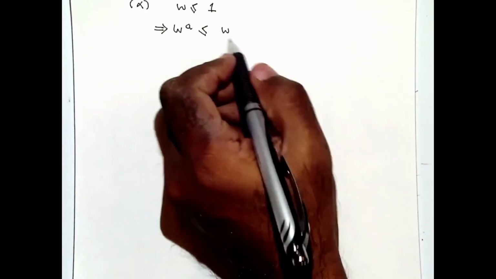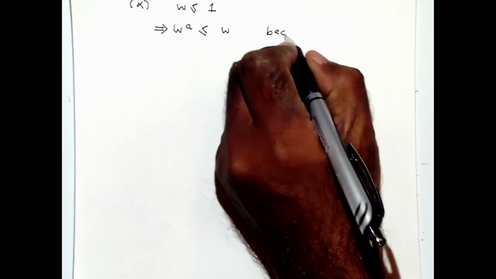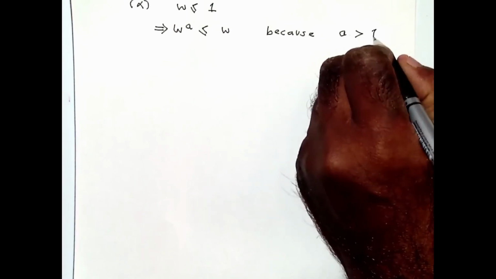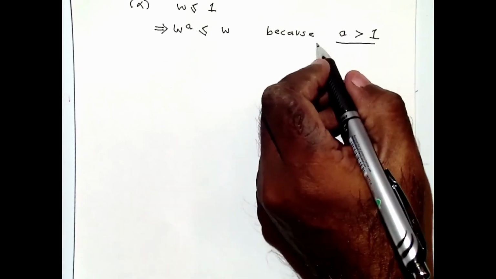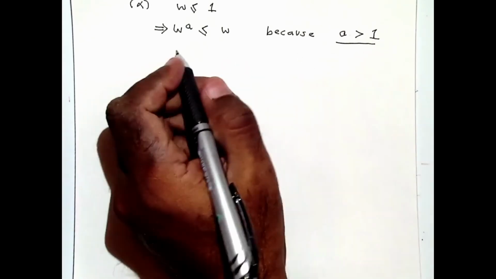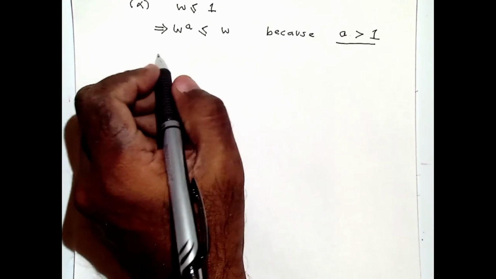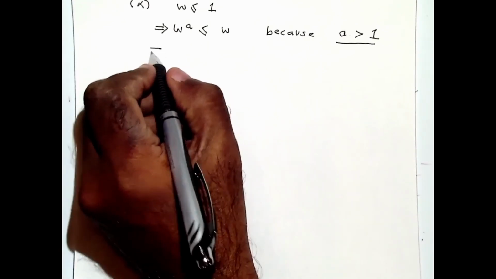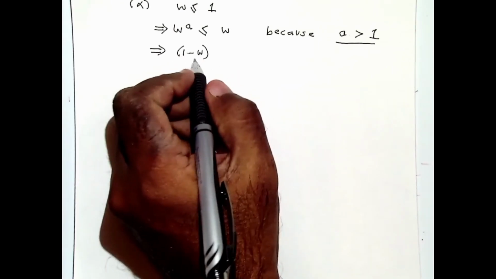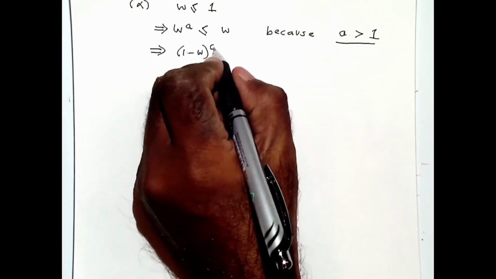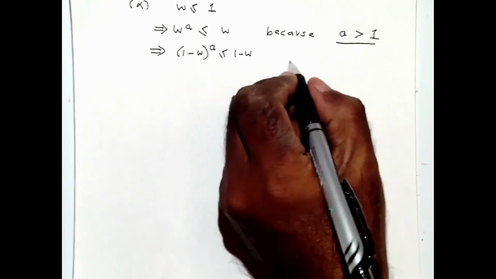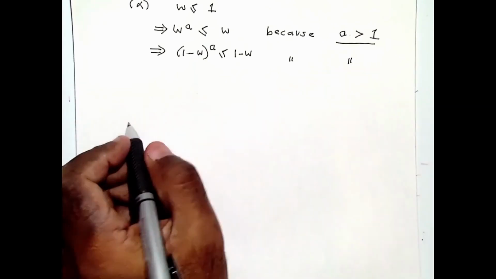That's because we are assuming that, okay, I should have said this before, but we are assuming that a is a real number that is greater than 1. Otherwise you can't do this. You cannot do this question, right? It also implies that because 1 minus w is also a number between 0 and 1, 1 minus w power a is also less than or equal to this. That's because of the same thing, right?